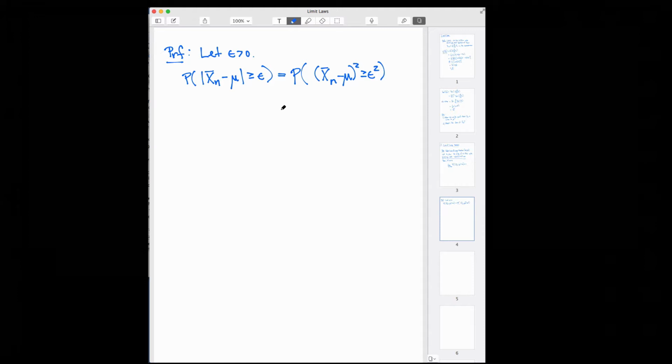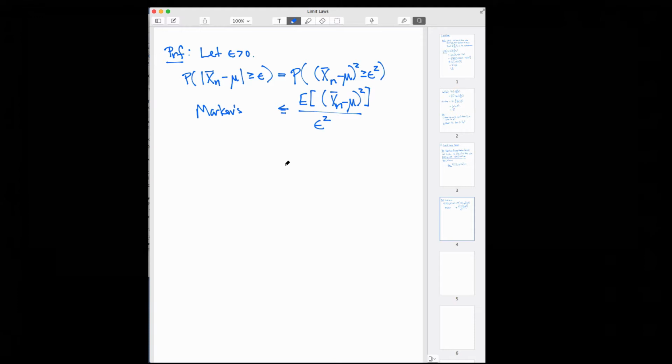And then what we're going to do is apply Markov's inequality. And so that's going to say that this probability here is less than or equal to the expected value of the left side of the original inequality divided by that right side.